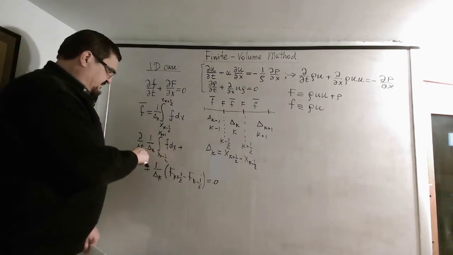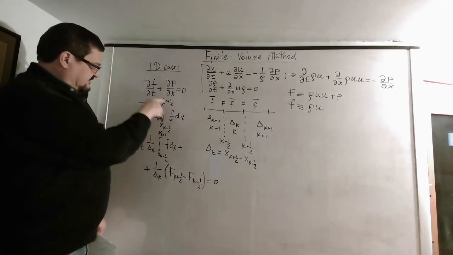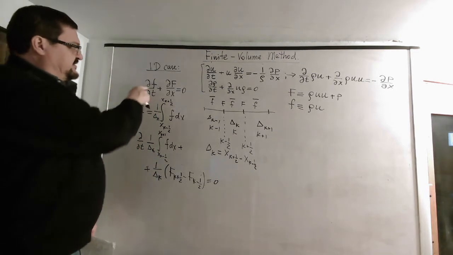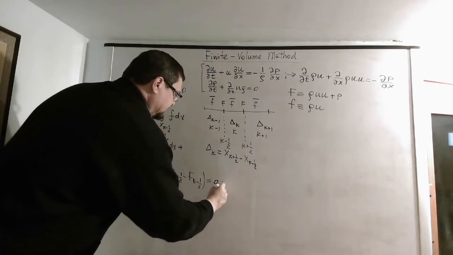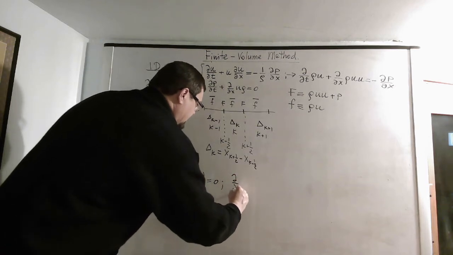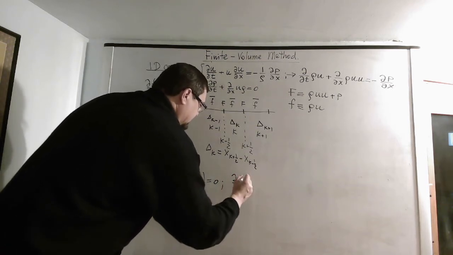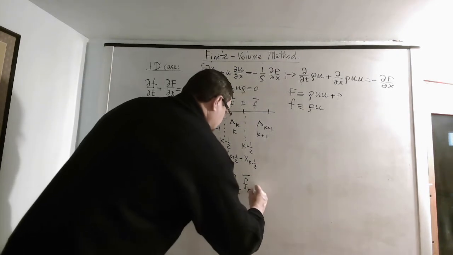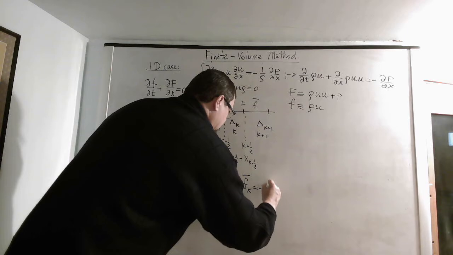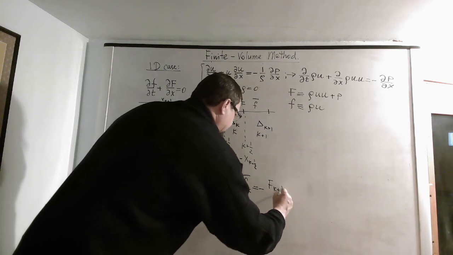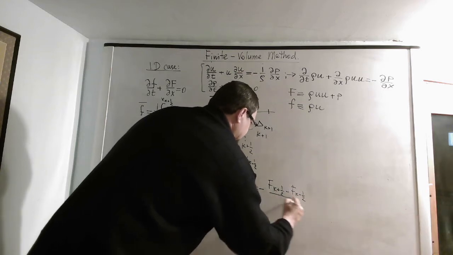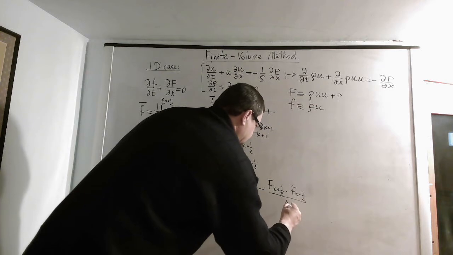So now this guy is just equal to this. Our finite volume representation of this equation becomes d/dt of this f in the grid cell k equals minus (f at k plus 1/2 minus f at k minus 1/2) divided by delta k, the width.